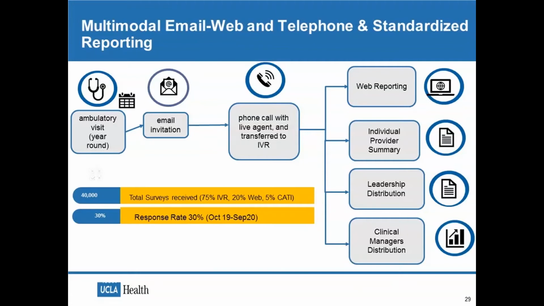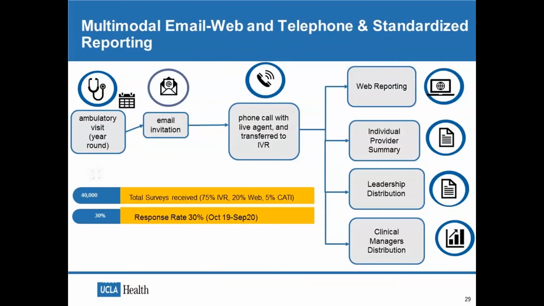There's a fairly robust reporting schema that includes an online web portal for what we might call our expert users. The individual providers get a summary report approximately twice a year. There's a leadership distribution and also a special distribution to clinical managers.